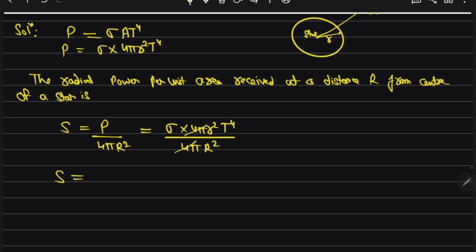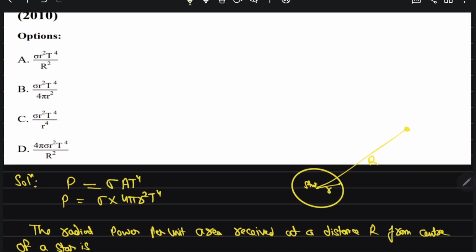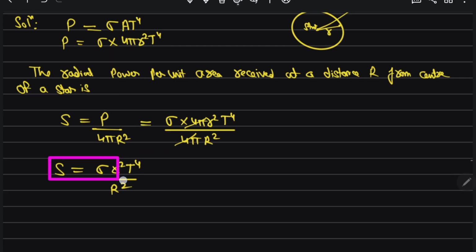So the radiant power per unit area received at a distance r from the center of the star is sigma R square T to the power 4 by r square. So option A is correct.